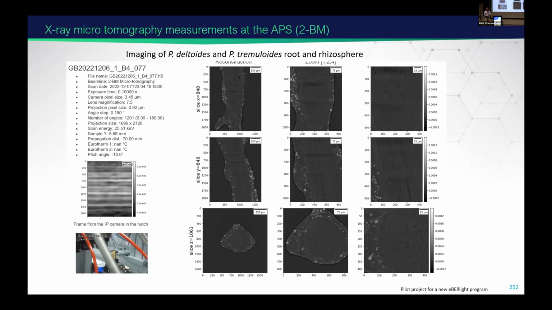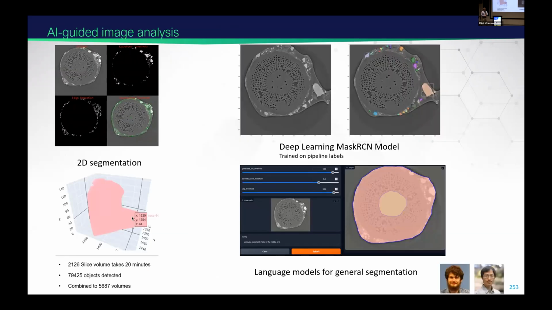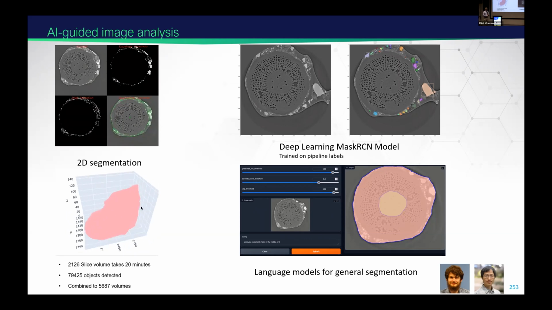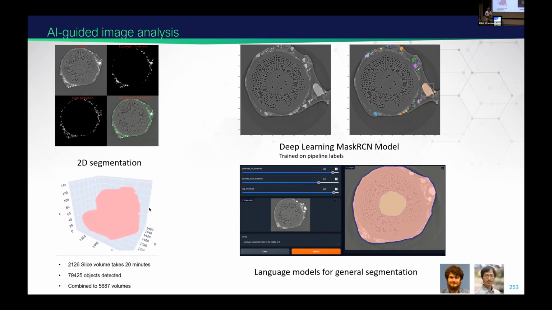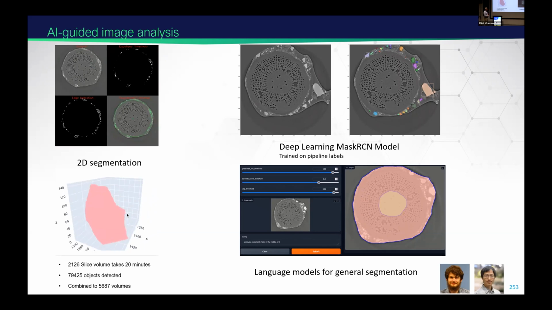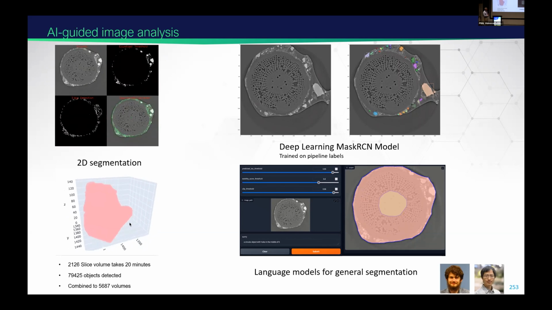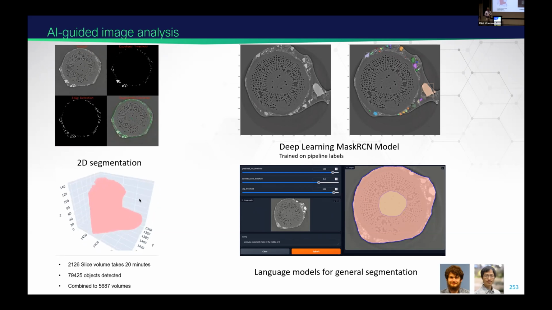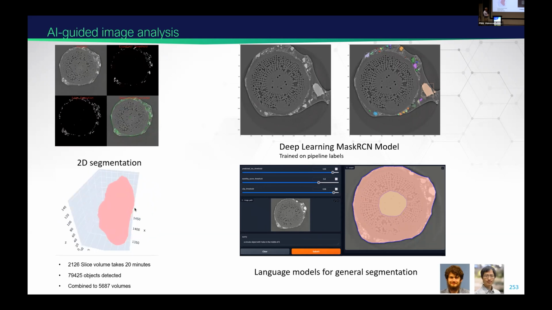So we collected many images before the shutdown, and that also enabled us to work on the AI aspect of things. What you see on the top left was AI-guided image analysis, simply thresholding the image, providing edge detection, and then later identifying those objects in 2D.